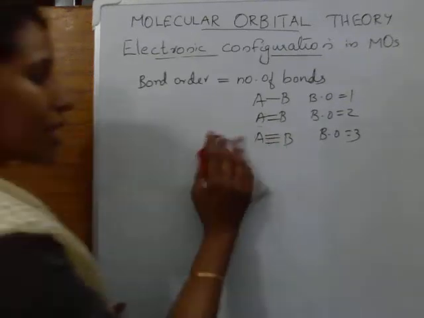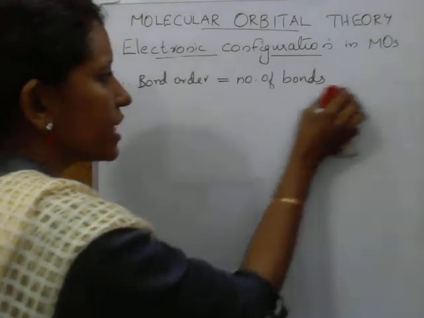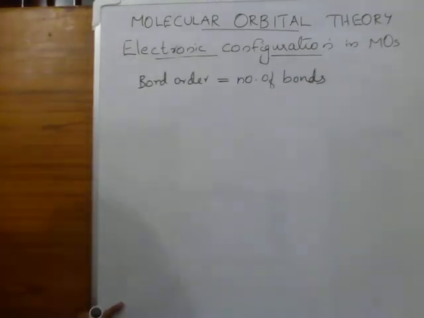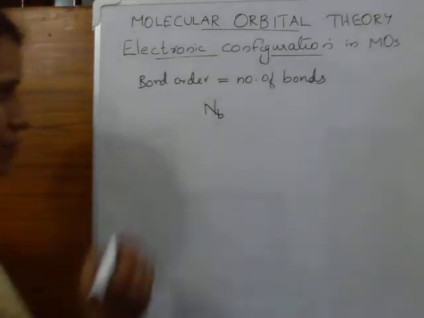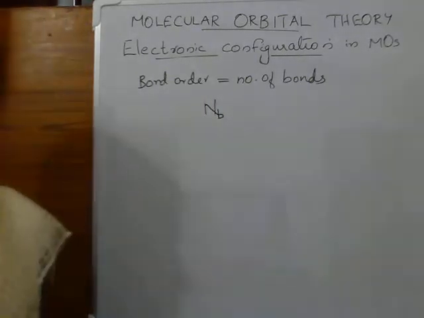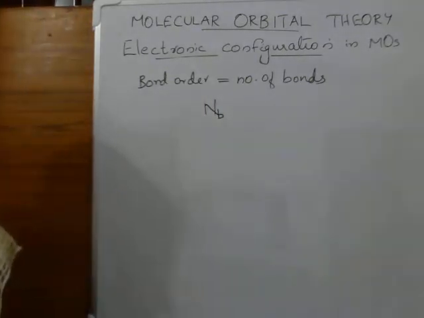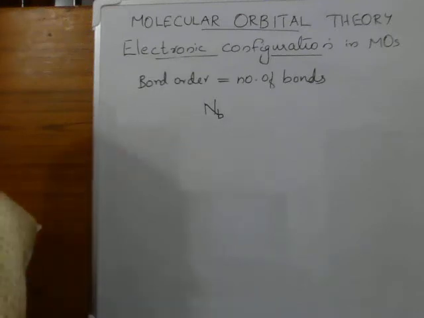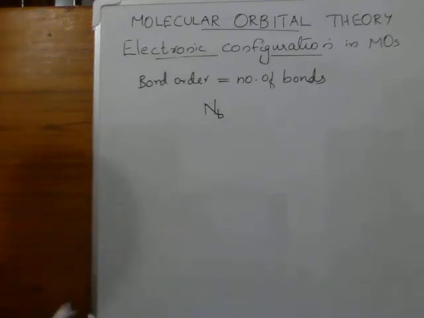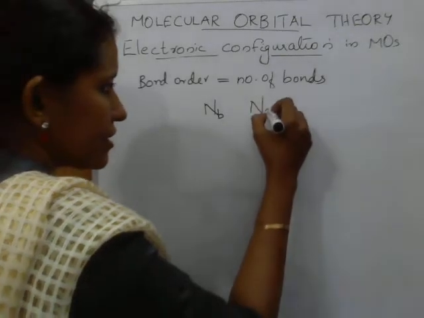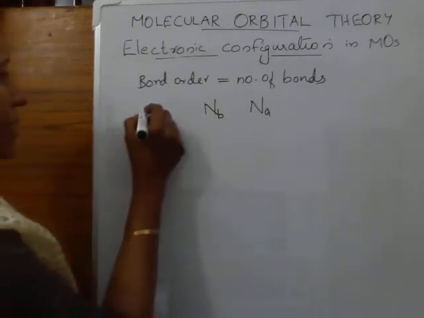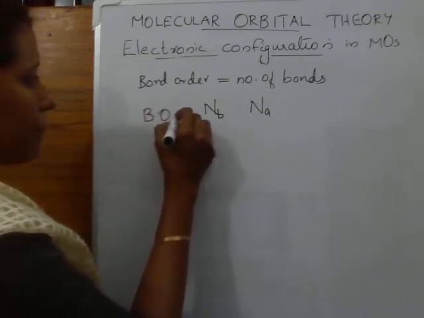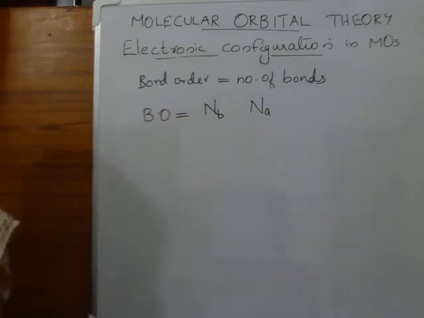Now this bond order can be determined from the electronic configuration. If Nb represents the number of electrons present in bonding molecular orbitals, and Na is the number of electrons present in anti-bonding molecular orbitals, bond order can be calculated from Nb and Na.